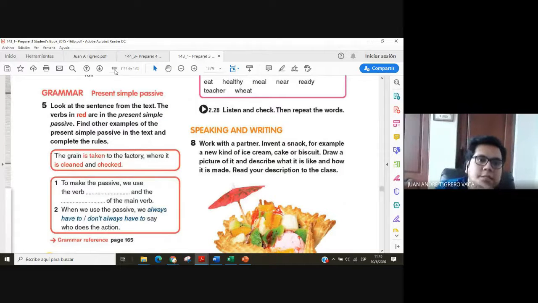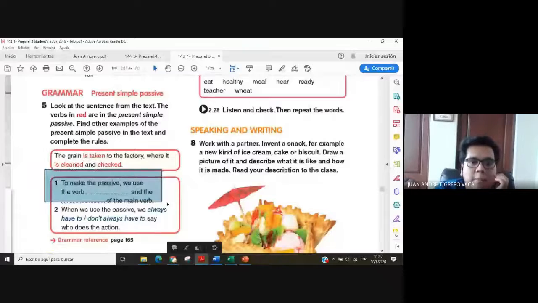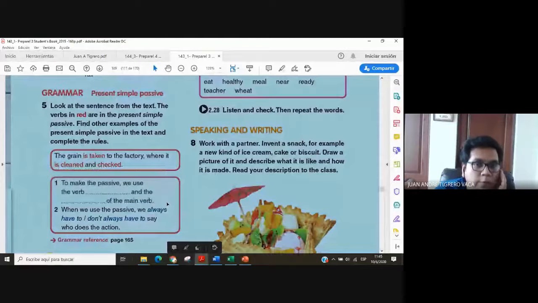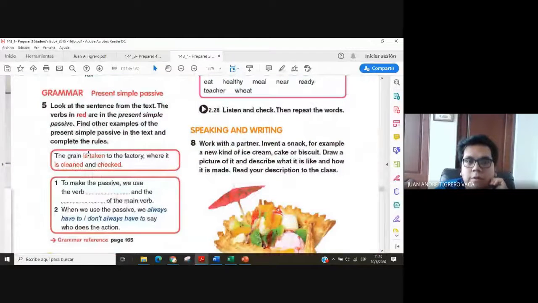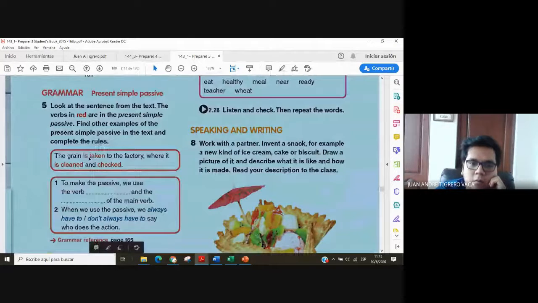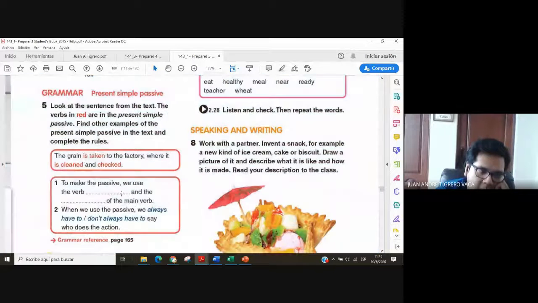Okay, it says, look at this sentence, and we are going to complete number 1, okay? This one. And then we are going to go to grammar reference to practice. It says, to make the passive, we use the verb. What verb? This one. What verb is this? Is. What verb is that? I am, you are, he is, she is, it is, they are, we are.